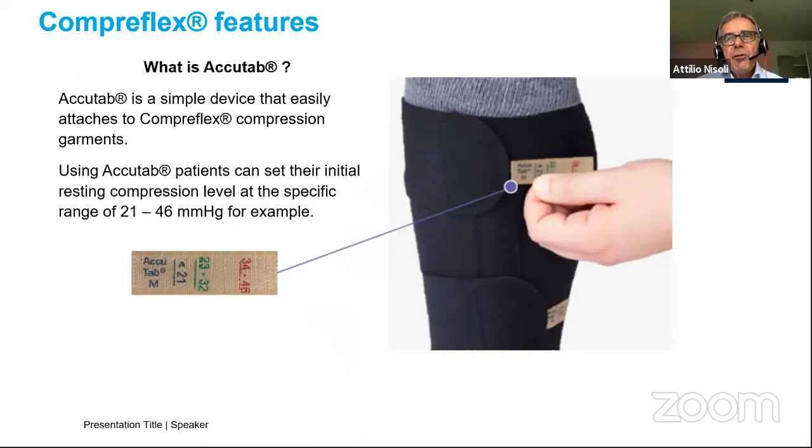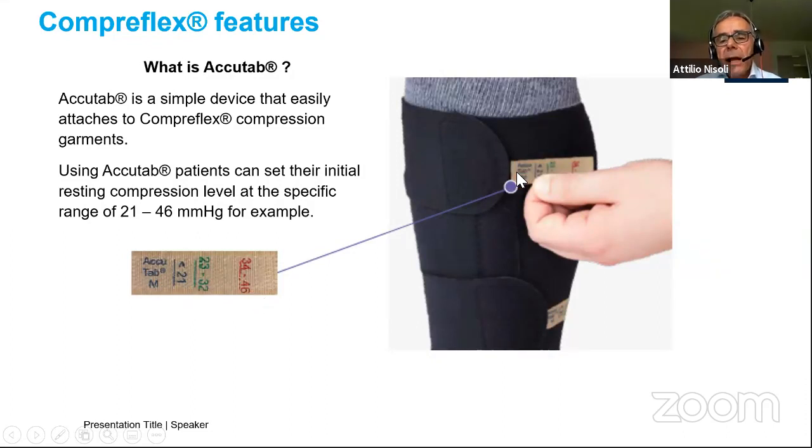What's the very special feature with our Compreflex, how we call it? We have a reproducible RAL standard compression pressure. We call it AccuTab, and you can see the RAL compression classes are marked on these tiny little straps.